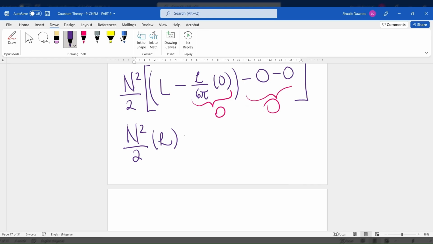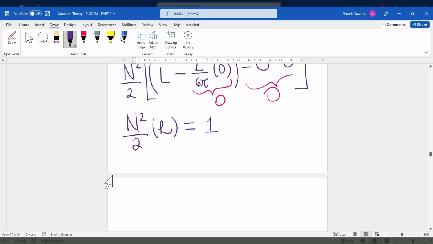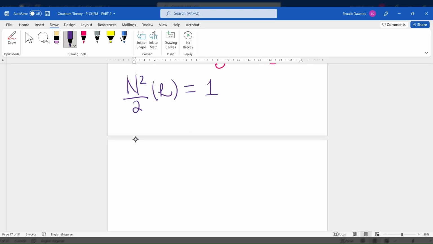So this is just going to be n squared L over 2 is equal to 1, not 2. That's a very, very bad mistake. So it's equal to 1. So that would be n squared L over 2 is equal to 1.